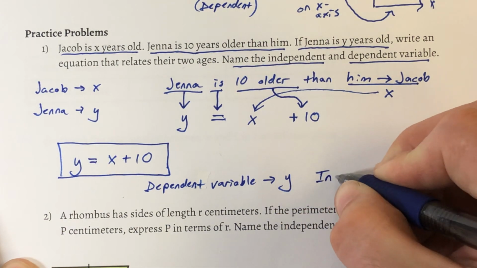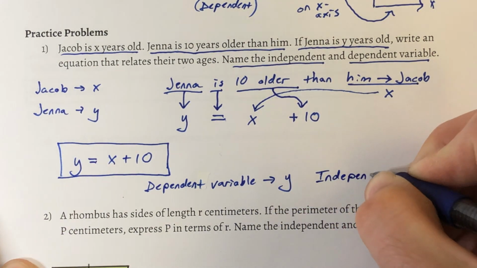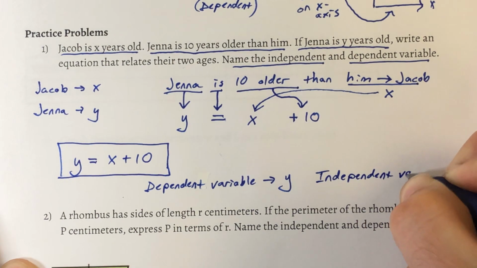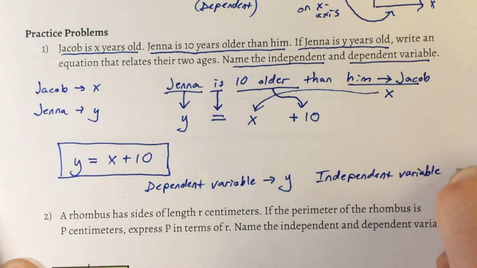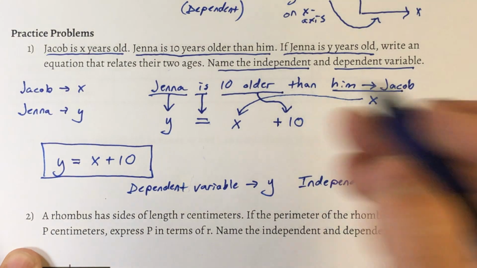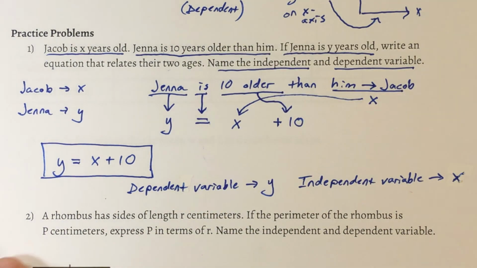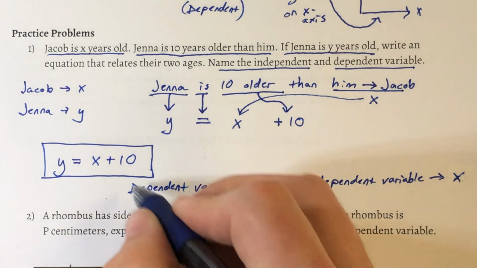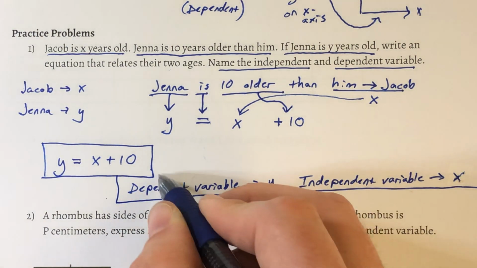Our independent variable is going to be x. Again, these are variables, so we are expecting letters. You would not write Jenna or Jacob. I know who's in this story. So that would be our second and third answer, technically.